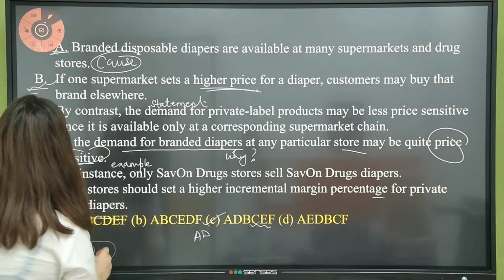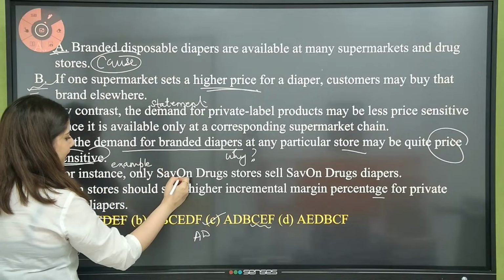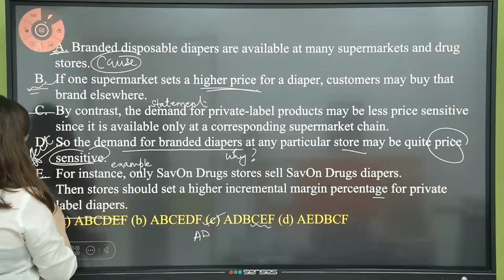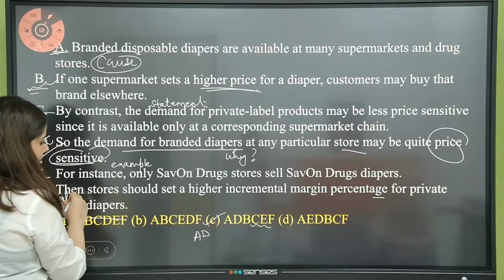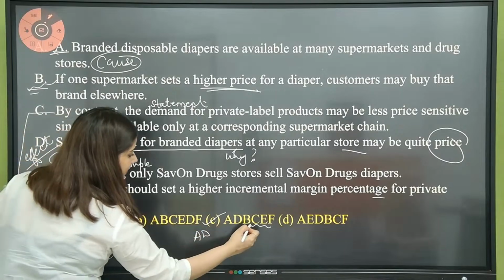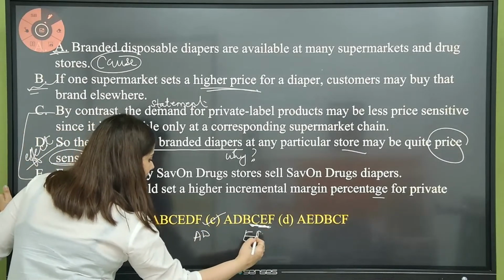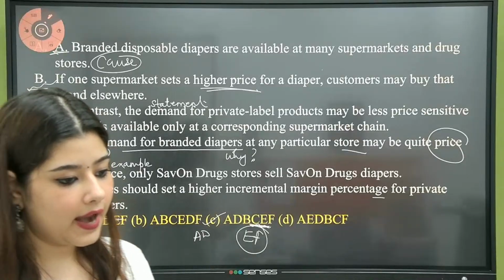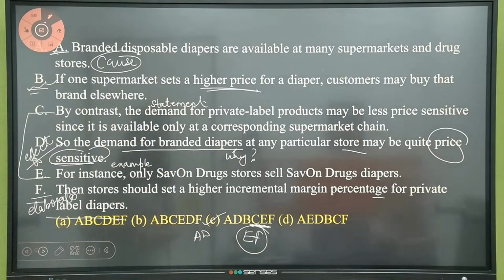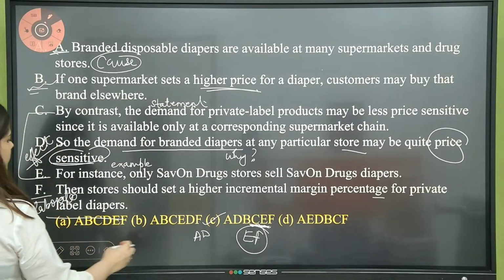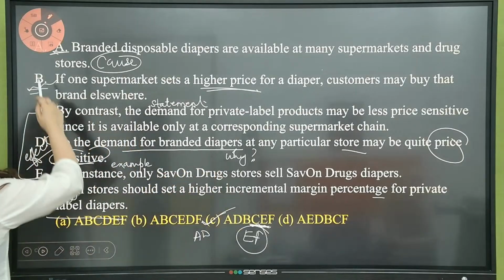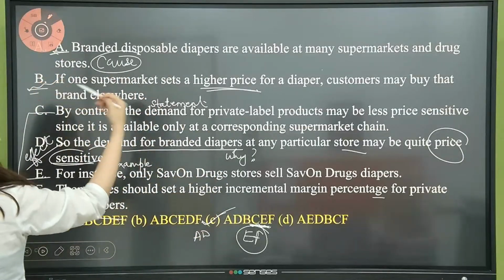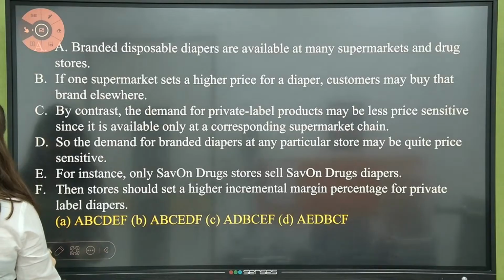E introduces the concept of private label diapers and F further elaborates upon that concept. So not only C and E, E and F also form a mandatory pair. So our correct option by all means would be option C.